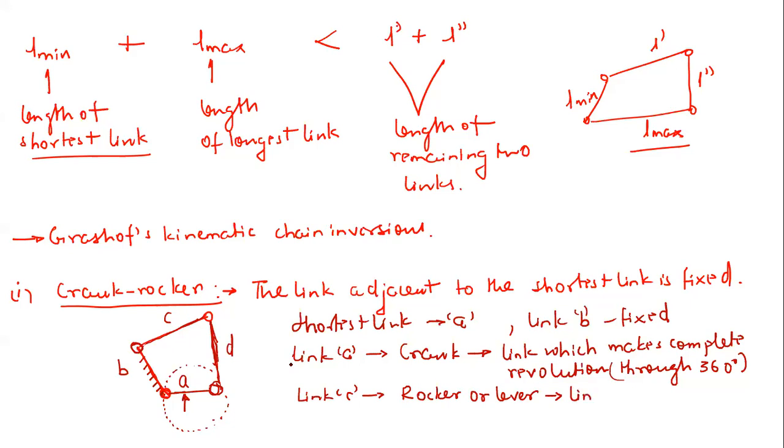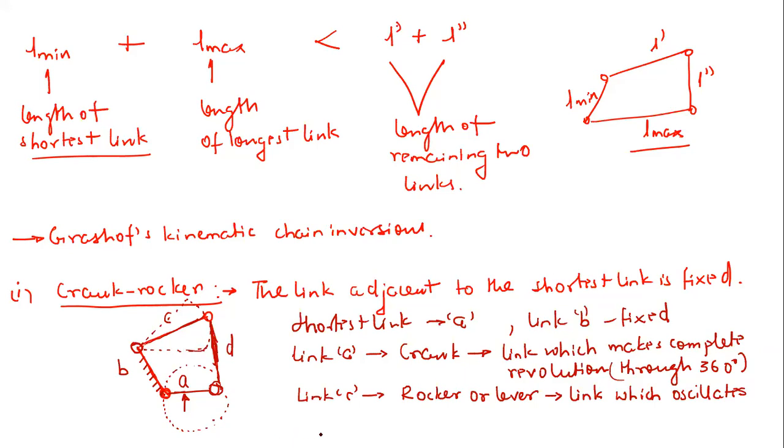A rocker or lever is a link which oscillates, and it doesn't make a complete rotation. Very important. The link which only oscillates and doesn't make a complete rotation is called a rocker. So this link C, which is your output link, will just oscillate through, let's say, a certain angle theta.